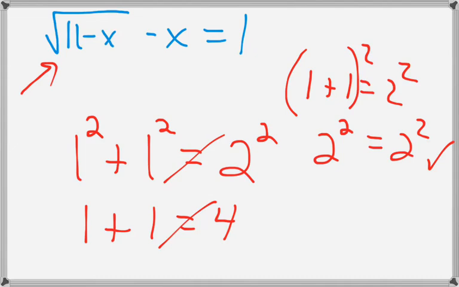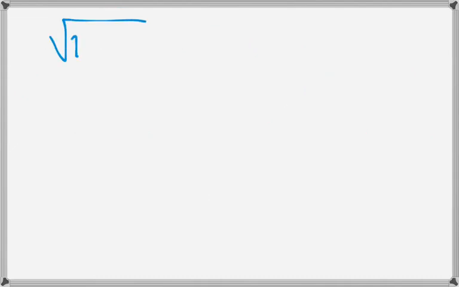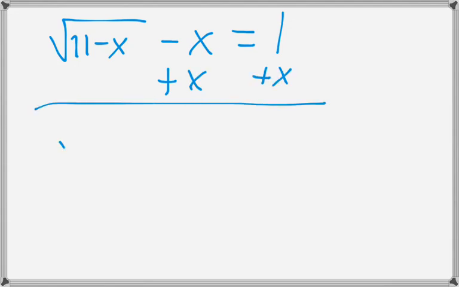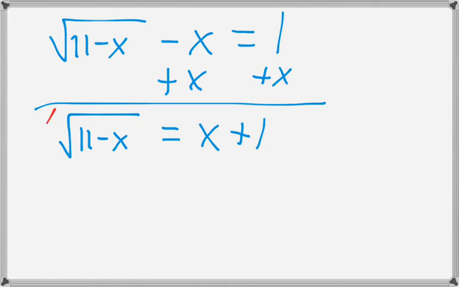Alright, so let me copy this on a blank slide here. We want the radical by itself, so let's add x to each side first. And now that the radical is by itself, if we square both sides here, the radical will come off.